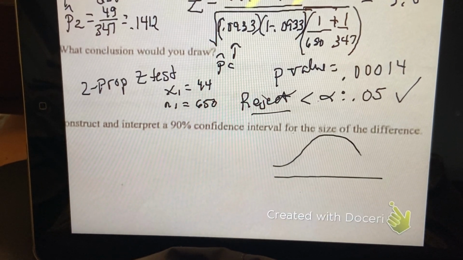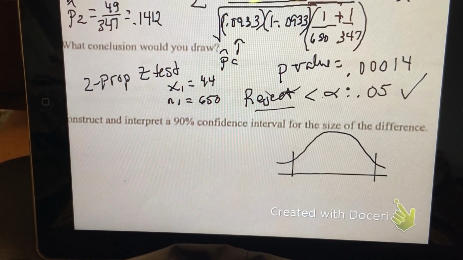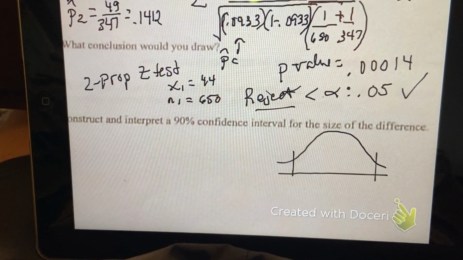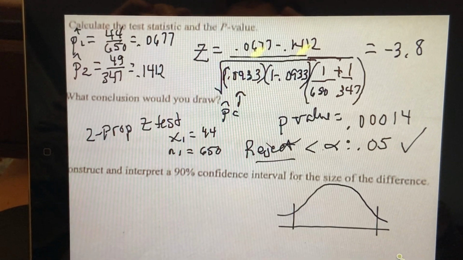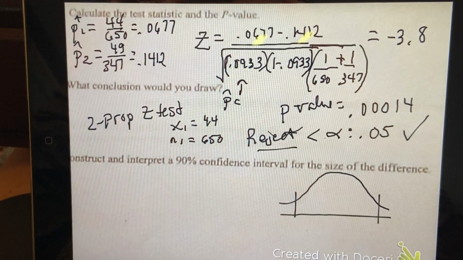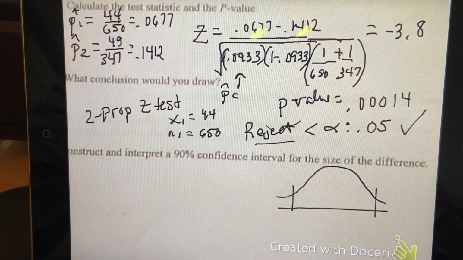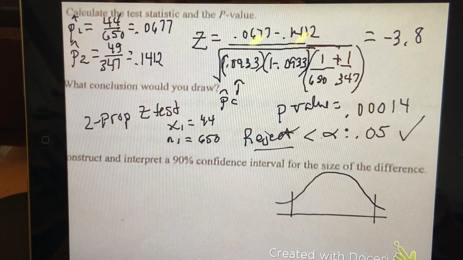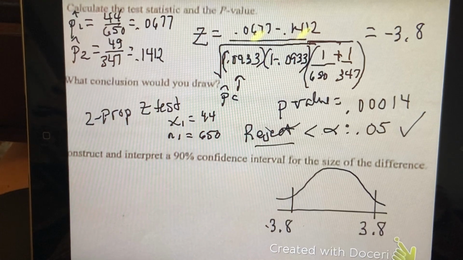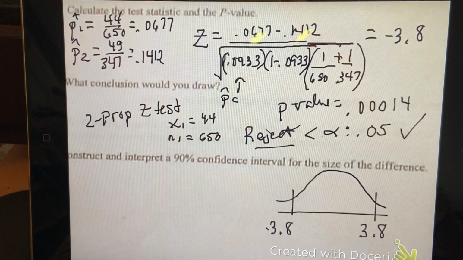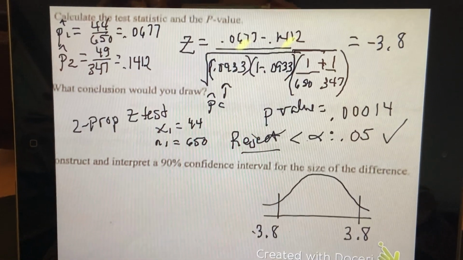Okay, and so I'm just coming down here. Now again, I'm using my whole screen to get all of this written. So I'm still up here calculating the test statistic, and I'm sort of implying what kind of conclusion, but I'm going to give you the words here in a second of how to say it. So on this one, I'm going to end up doing negative 3.8 and positive 3.8. Ms. Stevens, why is it negative? Well, it's because I took P1 minus P2.